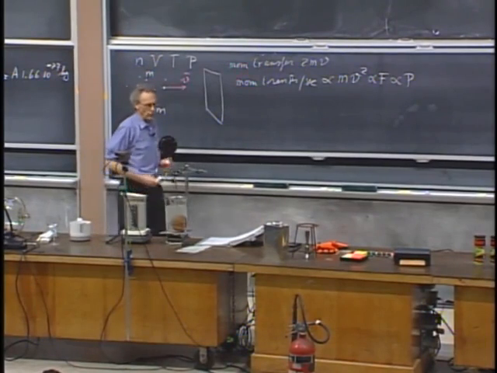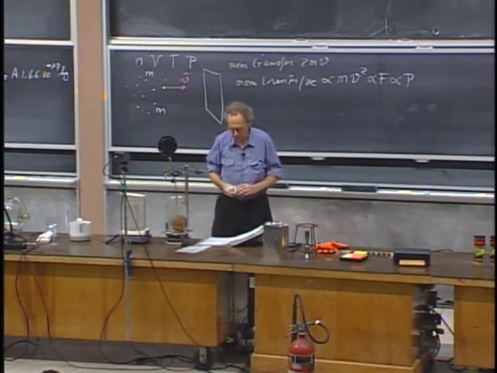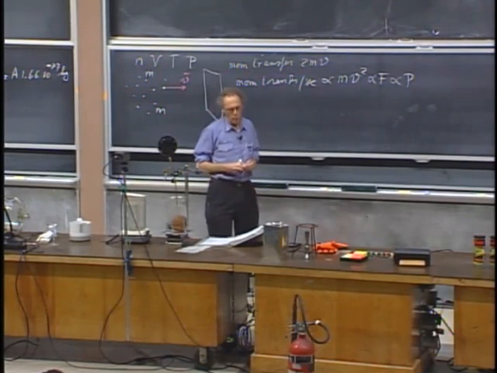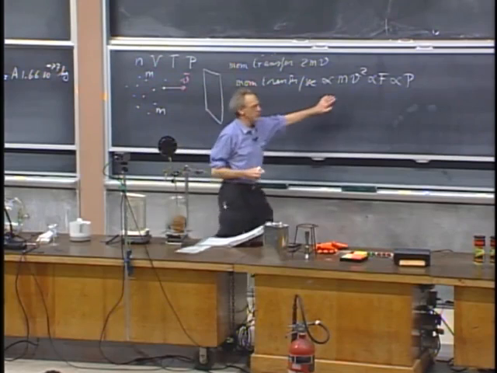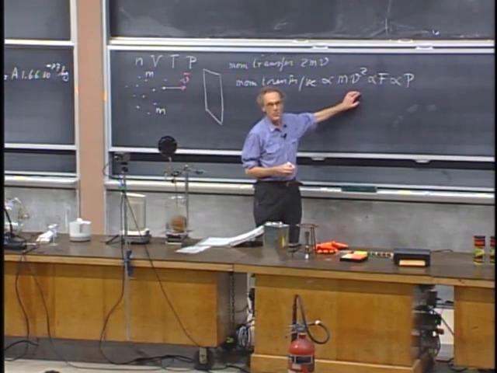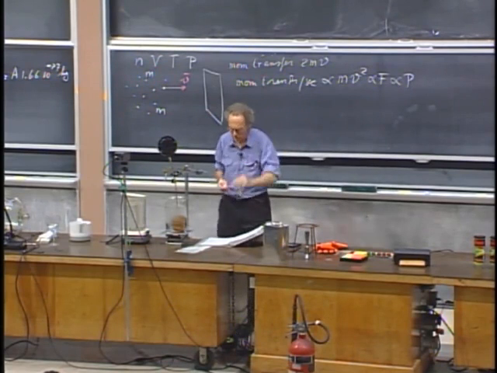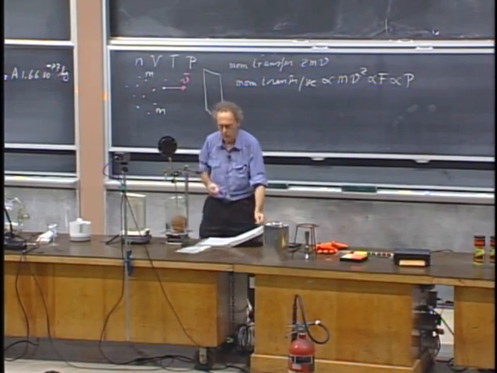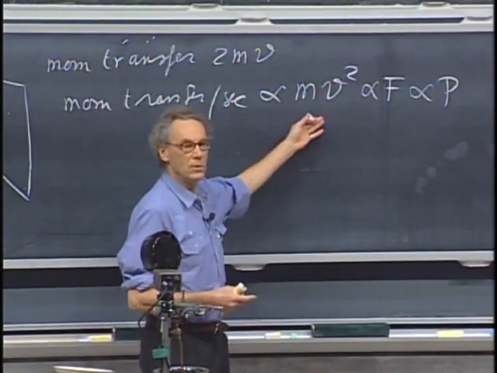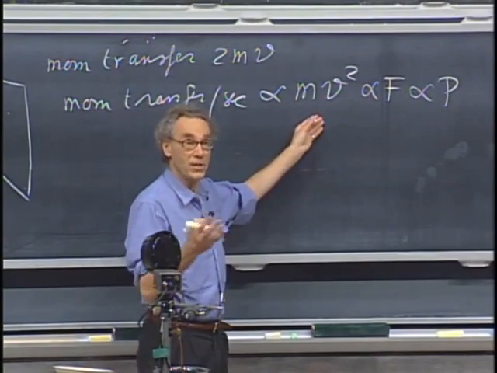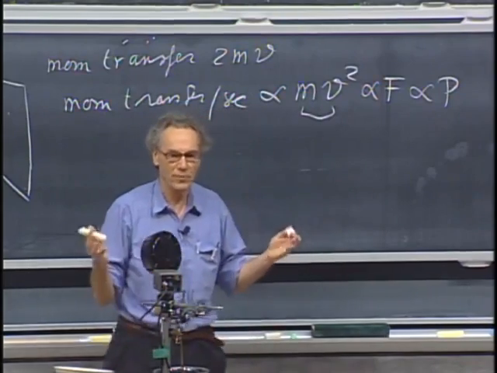And so there's only one conclusion that you can draw, which is very non-intuitive, that the pressure can only be the same if, for a given temperature, this product, mv squared, is independent of the mass of the molecule. How can mv squared possibly be independent of the mass of the molecule? There's only one way that that's possible. If you take two different masses, two gases with totally different mass of the molecules, this product is always the same for a given temperature.